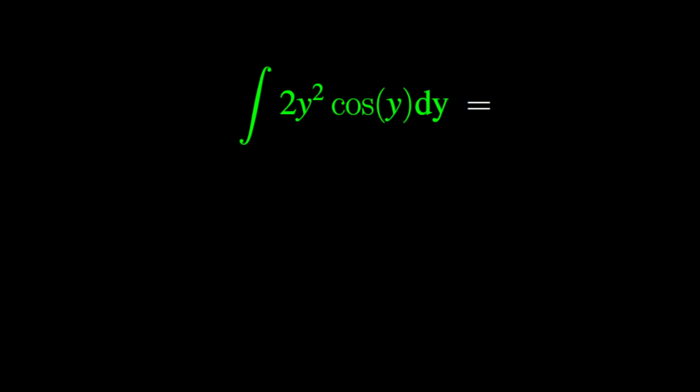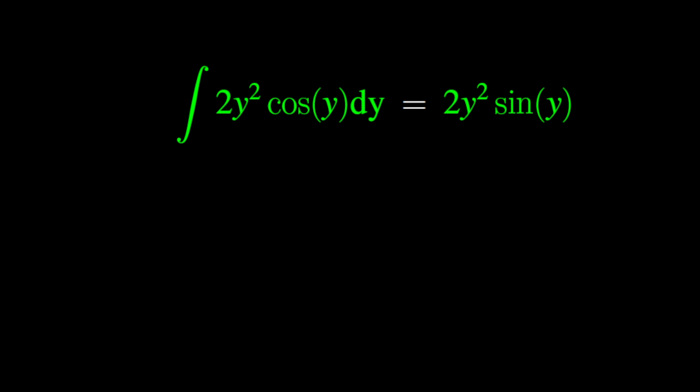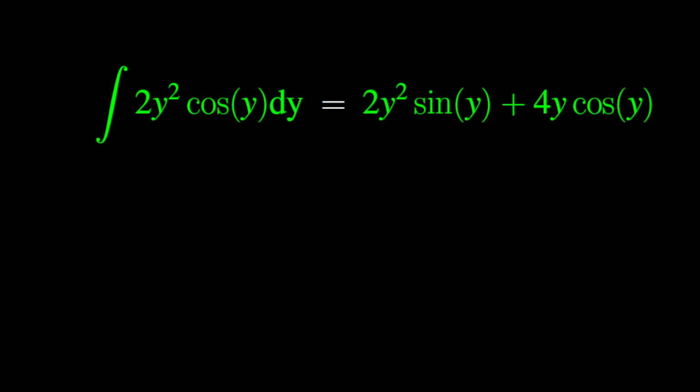As a result, combining the last two results, we see that the integral of 2y squared times cosine of y dy is equal to 2y squared times sine of y, plus 4y times cosine of y, plus minus 4 times sine of y plus a constant of integration c.